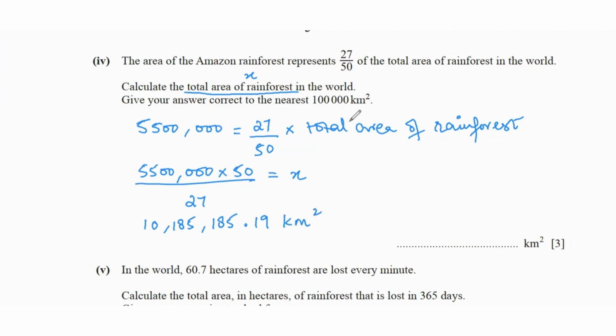It is to be given to the nearest 100,000 kilometers square. So that's going to be 10,200,000 kilometers square. That is your answer.